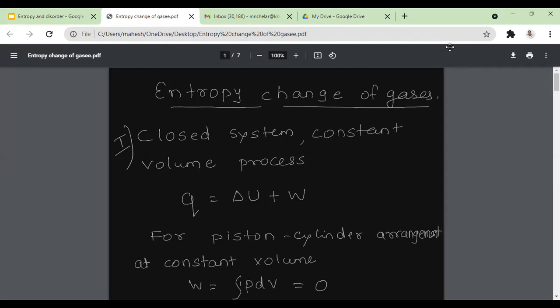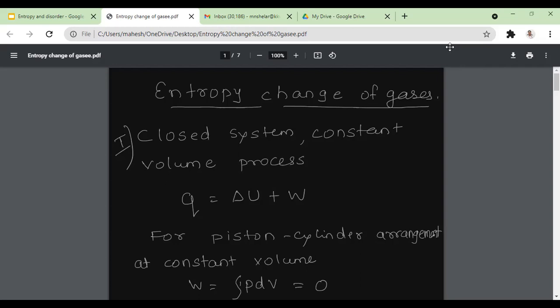When there is a closed system, the work transfer can be obtained from the pressure volume diagram, and it is the area under the pressure volume diagram. Mathematically speaking, the work transfer is given by integration of PdV, pressure into change in volume.